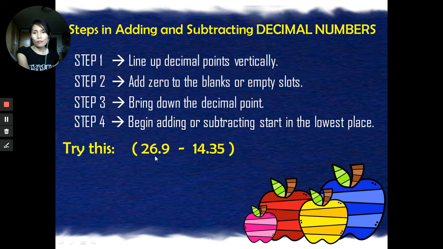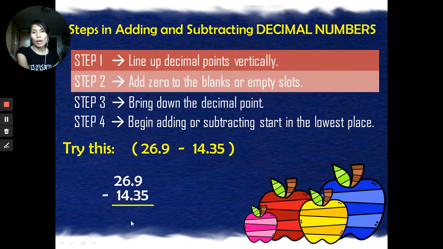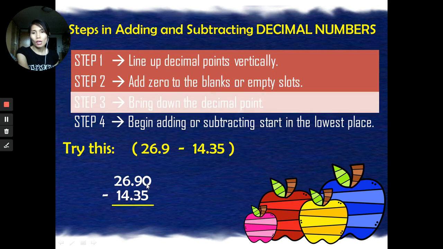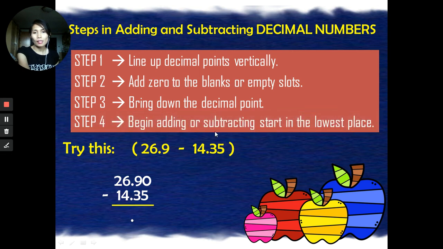Now let's try subtraction. Same steps. First, we will line up the decimal points. So that's how we place them. And then step 2, add zeros. We have one space here, so we'll write 0 there. Step 3, bring down the decimal point. And then step 4, begin subtracting. So 0 minus 5. 0 is smaller. We cannot subtract 5 from 0. So we'll borrow from the 9 in the next place. 9 will become 8 now because we will borrow 10.